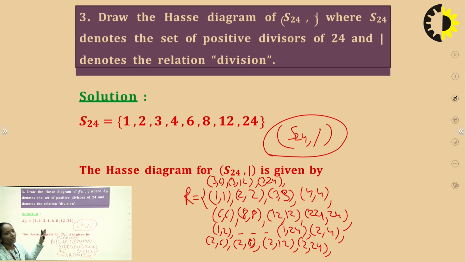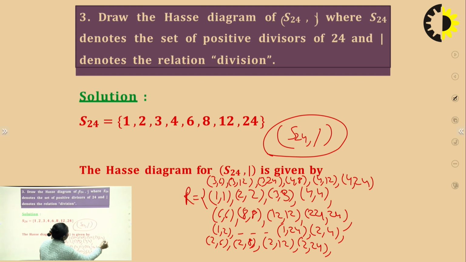Can we take 4, 6? No. 4, 8, yes, there is a divisibility relationship. 4, 8; 4, 12 and 4, 24. 6, 8, no. 6, 12, yes; 6, 12; 6, 24.